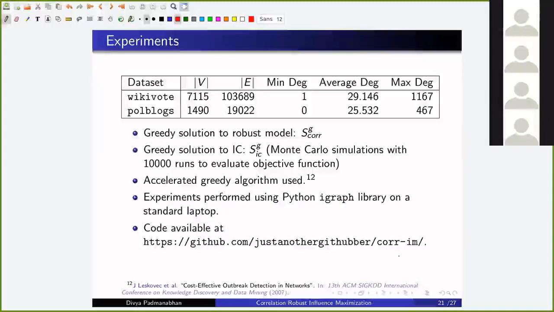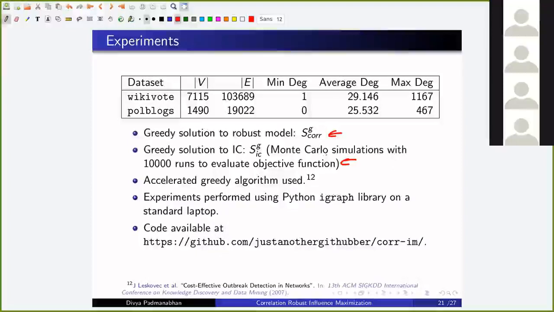There were two data sets, the Wikivote and PolBlogs data sets. The details are given here. Of course, we cannot compute the exact optimal seed set for all these models because there's some hardness, but what we compared is the greedy solutions to these models. S_RobustG represents the greedy solution to the robust model, and S_ICG is the greedy solution under independent cascade.